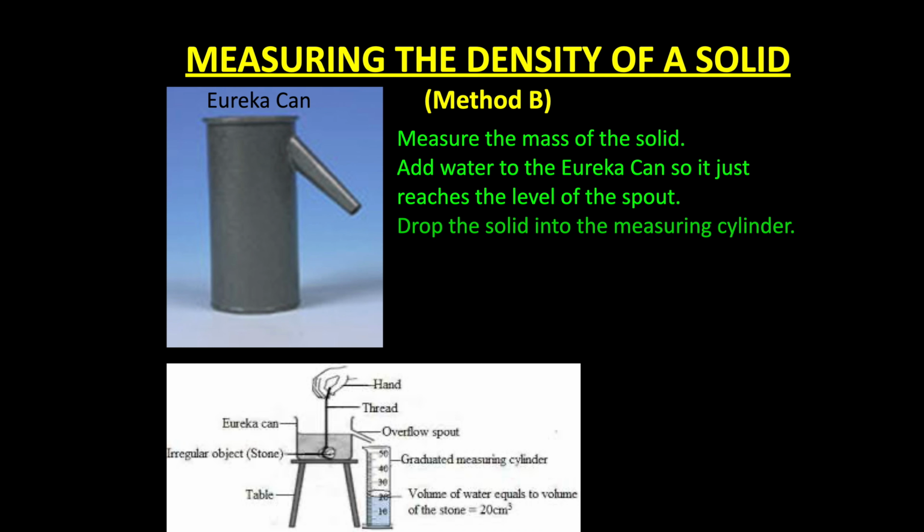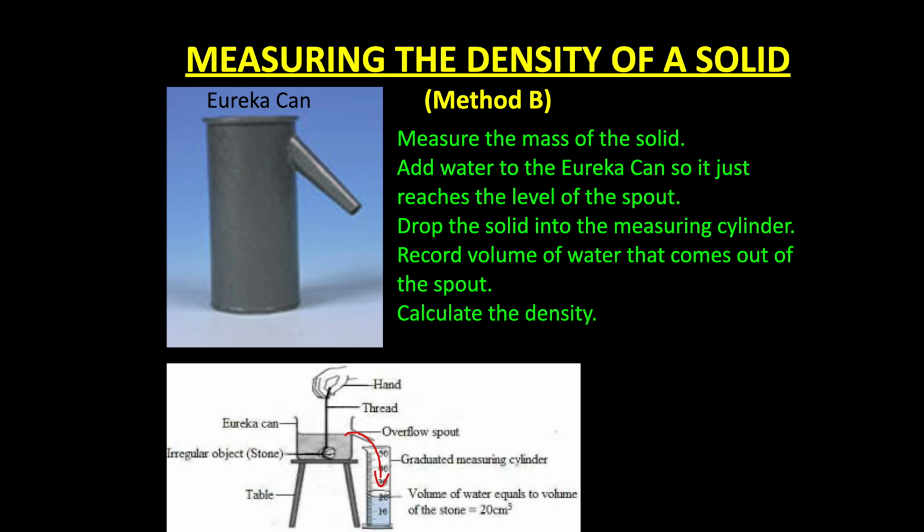After placing the solid into the eureka can, some water will certainly be displaced and flow out into the measuring cylinder. By recording this volume of water, we can identify the volume of the solid. Based on that, we can calculate its density.